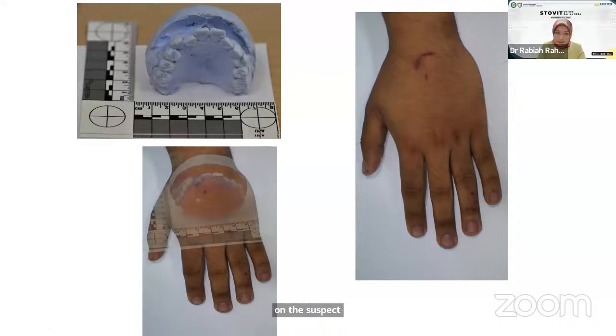So in this case, this bite mark analysis report actually contributed and resulted in the conviction of the suspect.